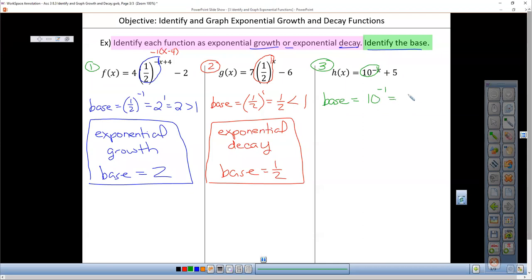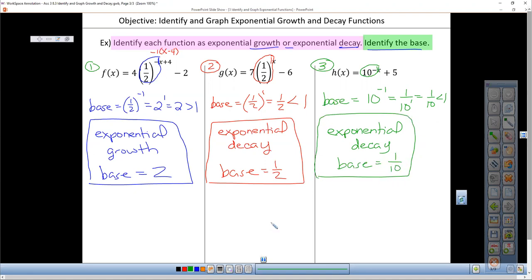So this would be 1/10 to the positive first power, which of course would be 1/10. 1/10 is positive, which it should be, and is less than 1. So this is also exponential decay. And the base in this case is 1/10.